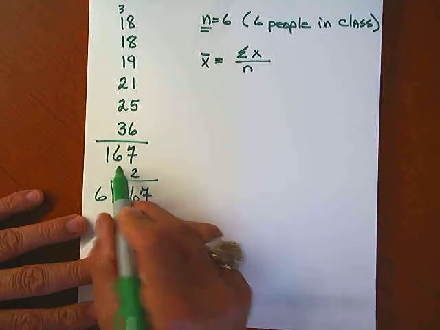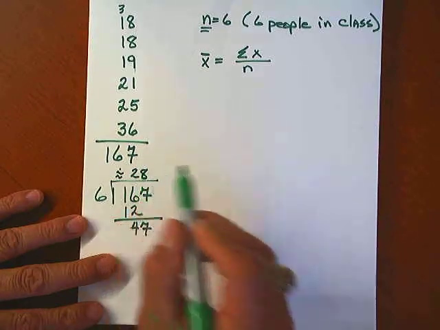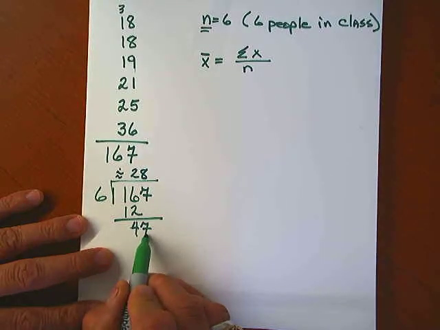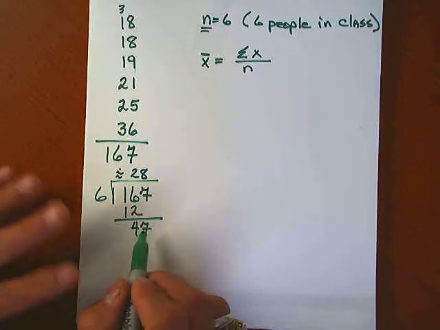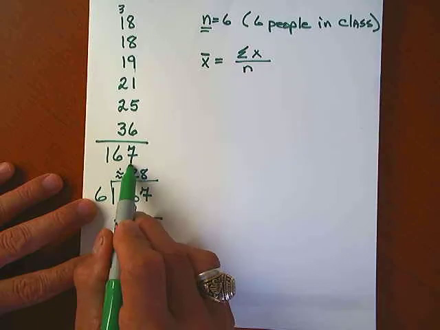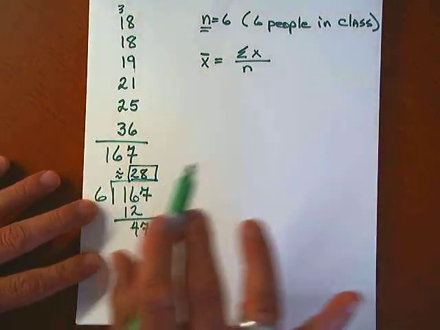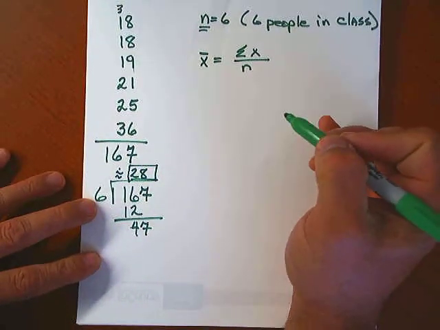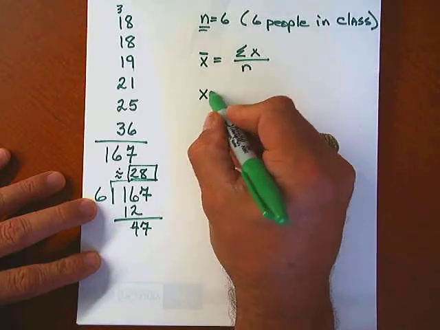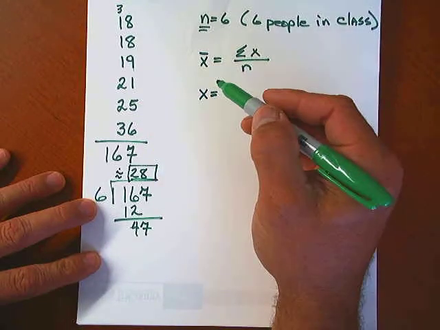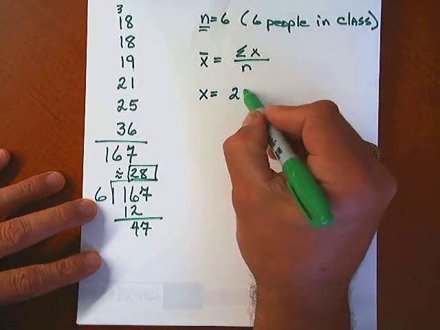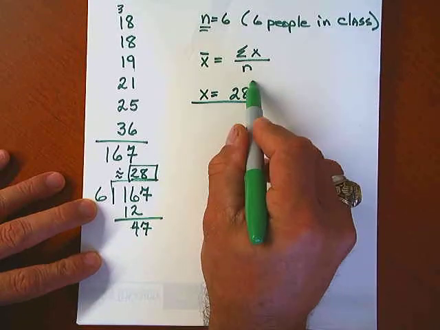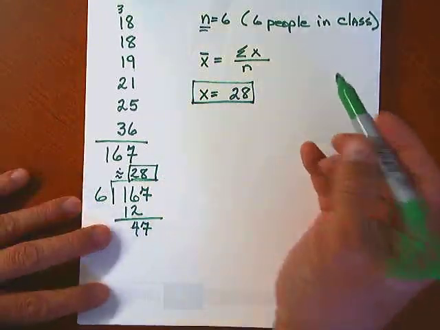We're just going to say, for all practical purposes, we're close to 28. And I did that because this is 47. 6 times 8 is 48. So I'm using this as a round number to keep this simple. So the mean, the average in this class is 28.